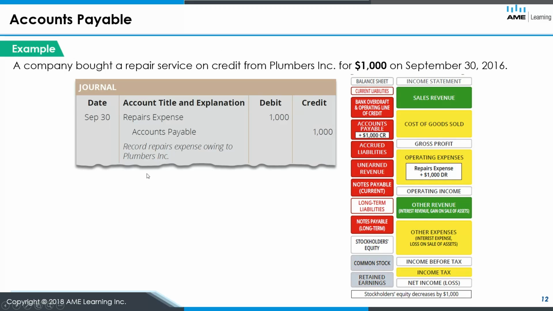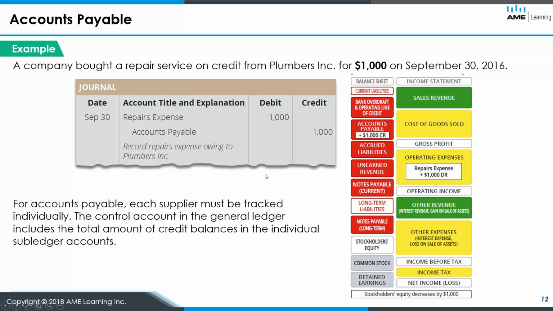So this is just the kind of transactions we've been recording since the beginning of the course, where we've got liabilities increasing and expenses increasing, and the liability of accounts payable being used, reflective of the fact that we will most likely pay this amount within 30 days or so.